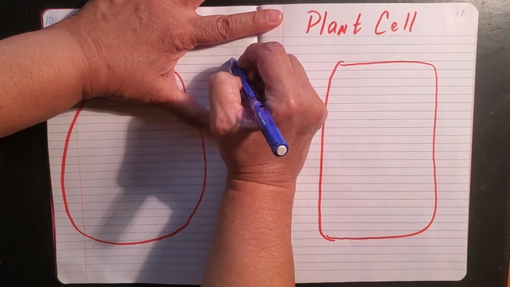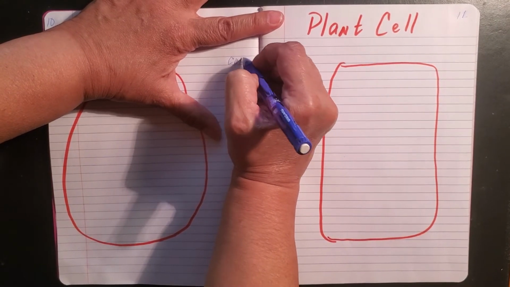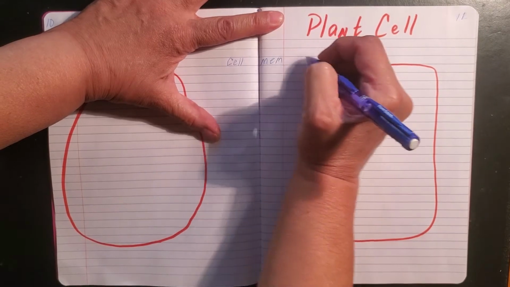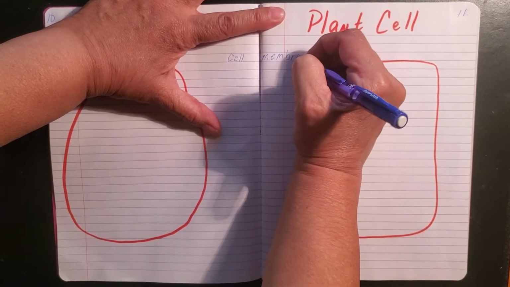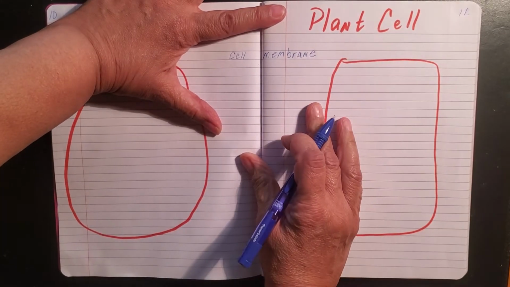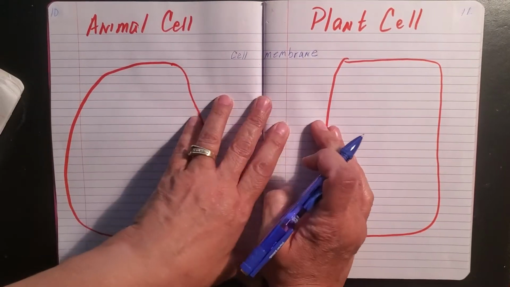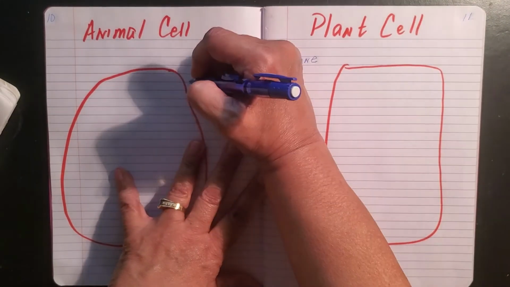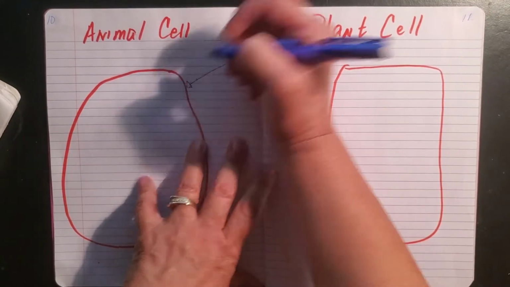I'm going to write kind of half and half, cell membrane. I did put it in our interactive notebook electronically, so it's much neater. So cell membrane, and we're going to point to this outer layer.